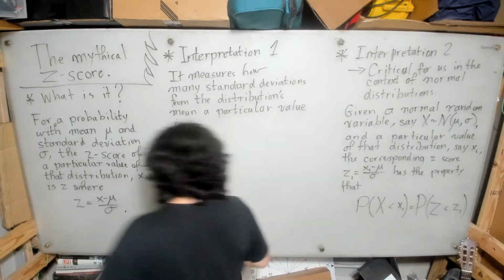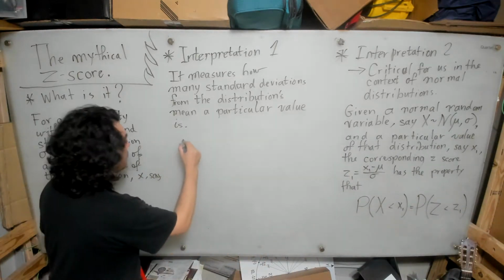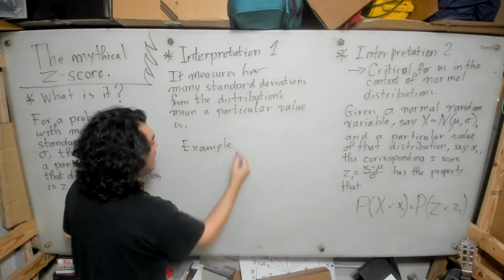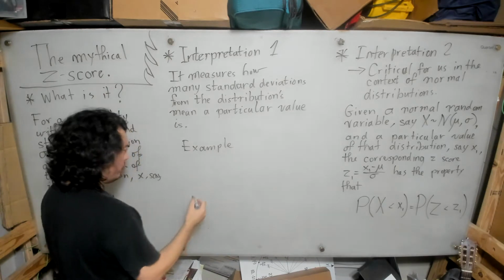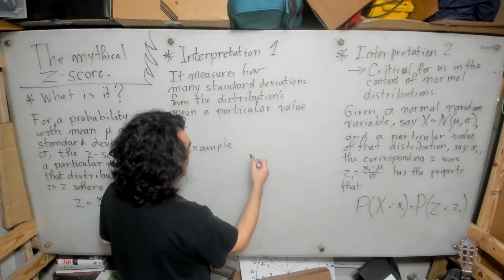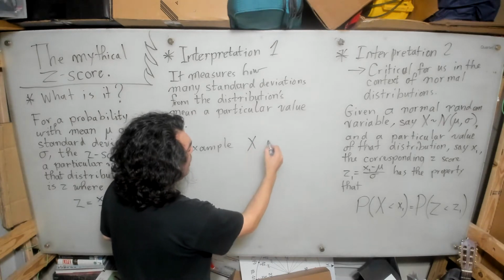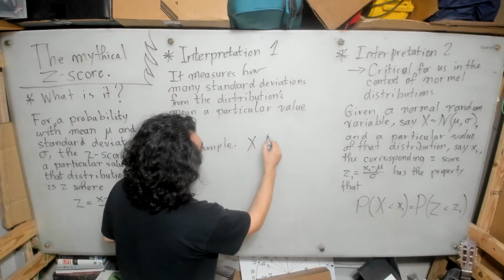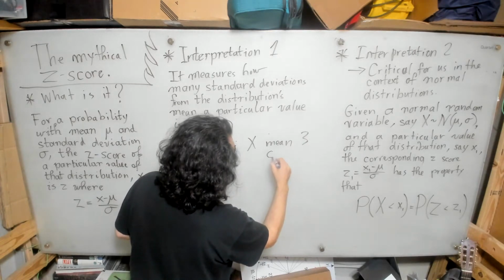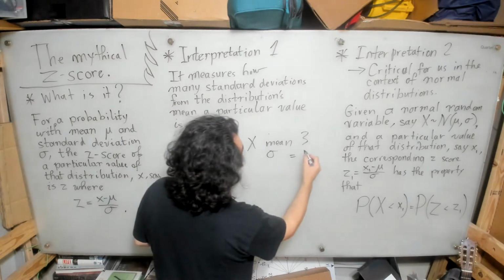So for example, okay, let's say I had a probability distribution, okay, with mean, let's say x is a random variable with mean, let's say 3, with standard deviation, let's call that sigma, to be 1.